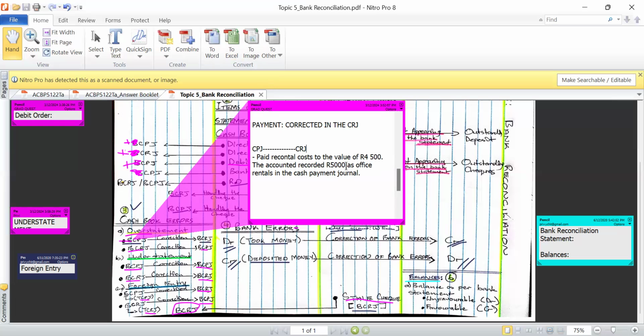If they recorded more, whether it's a payment or a receipt, just identify where the error took place. If you know where the error took place, you'll know where to correct it. In this case, it was a payment, so the error took place in the CPJ. When we do the correction, we correct it in the CRJ and we record the difference there. In the CRJ you would be recording correction of errors, and the amount has to be 500 rands.